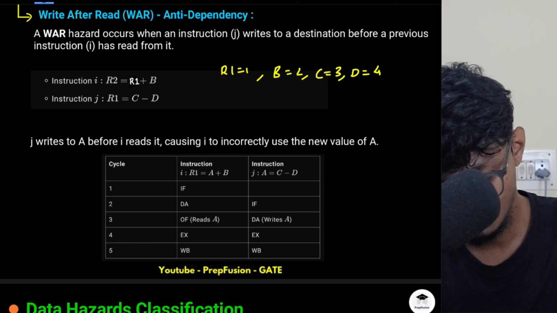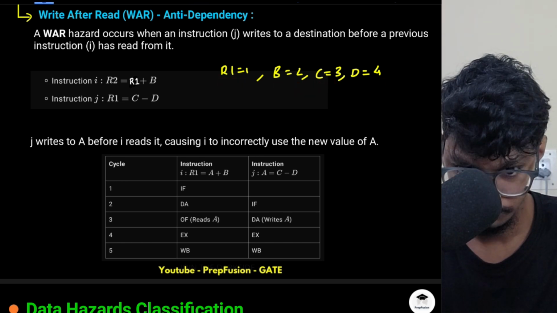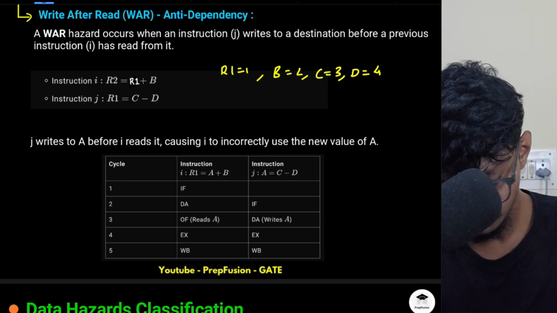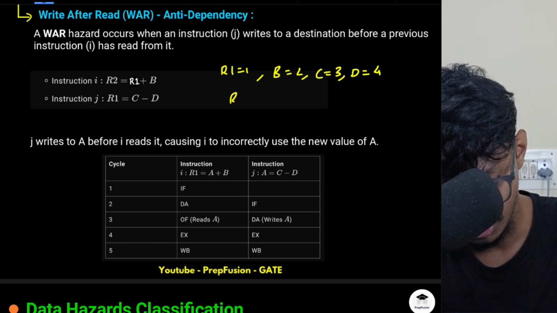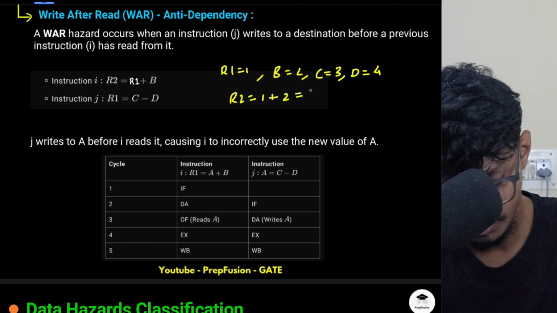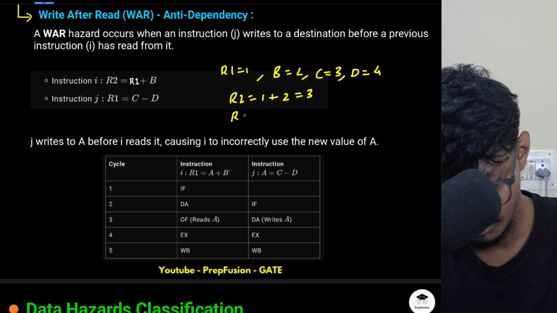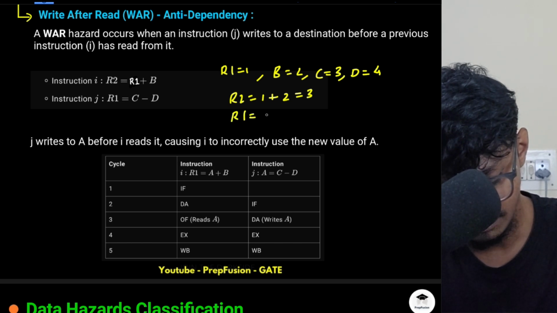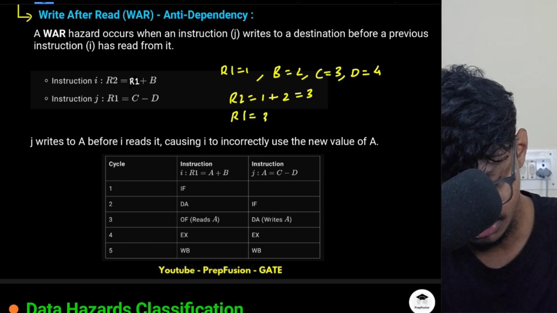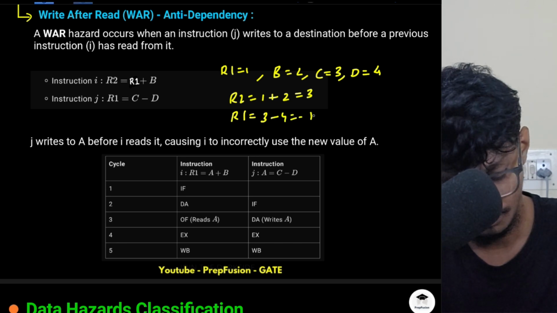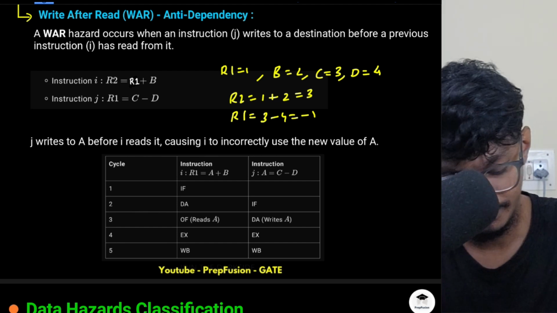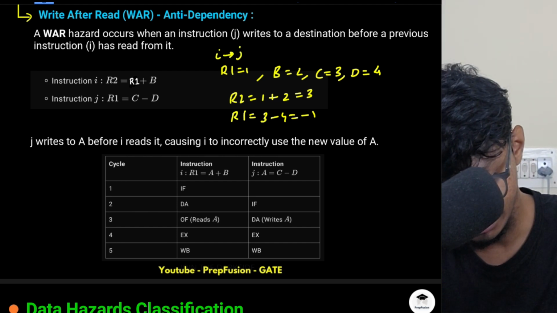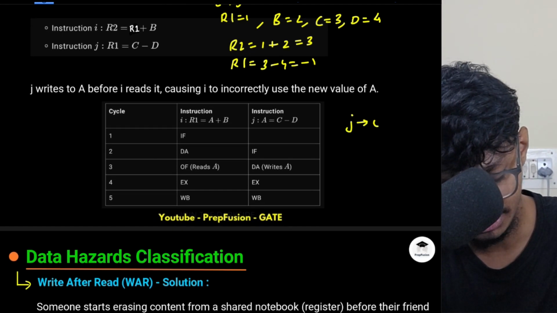Now what should have happened is R2 equals R1 plus B, that is 1 plus 2 equals 3, and R1 equals C minus D, so C is 3 minus 4, that is minus 1. This should have happened, but due to some glitch, some problem, I should have happened first and then J, but J is happening and then I is happening.